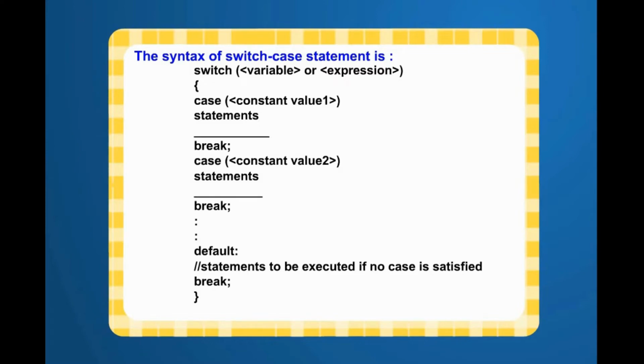The variable or expression is matched against the constant values in the case statements, and when a match is found, the block of statements associated with that case is executed. The break statement at the end of each block marks the end of a particular case and transfers the control to the next statement following the switch block.